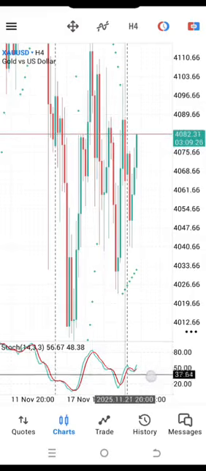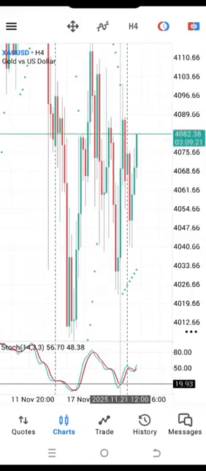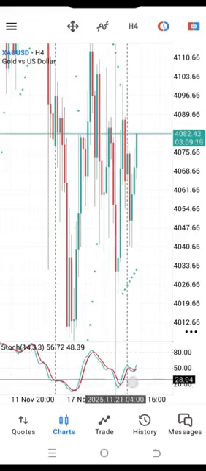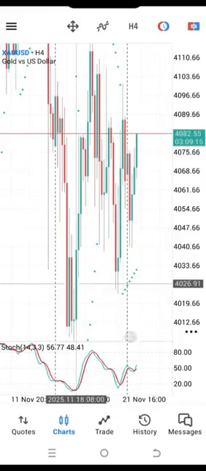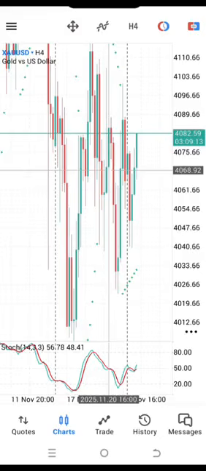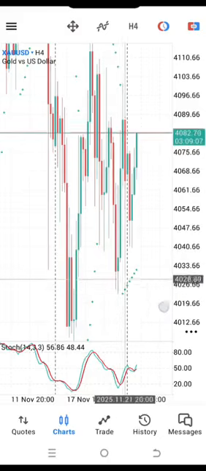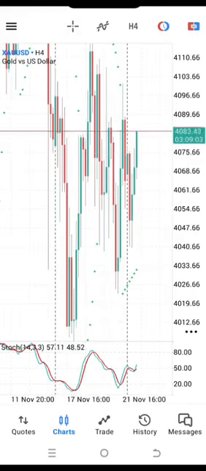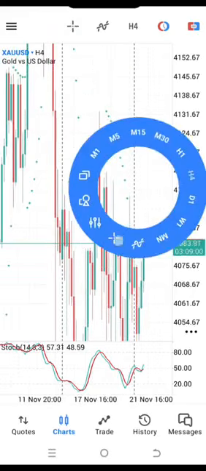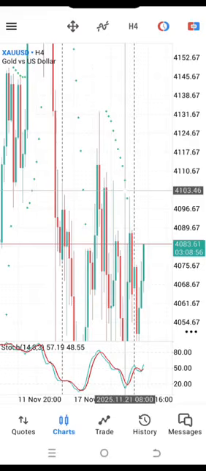When the market drops below level 50 and approaches level 20 and below, the market is oversold. As for the parabolic SAR, as soon as you see the dots imprinted underneath the price, it simply means that the market is on a buy trend. And when the dots are imprinted above the price, it means the market is on a downtrend.